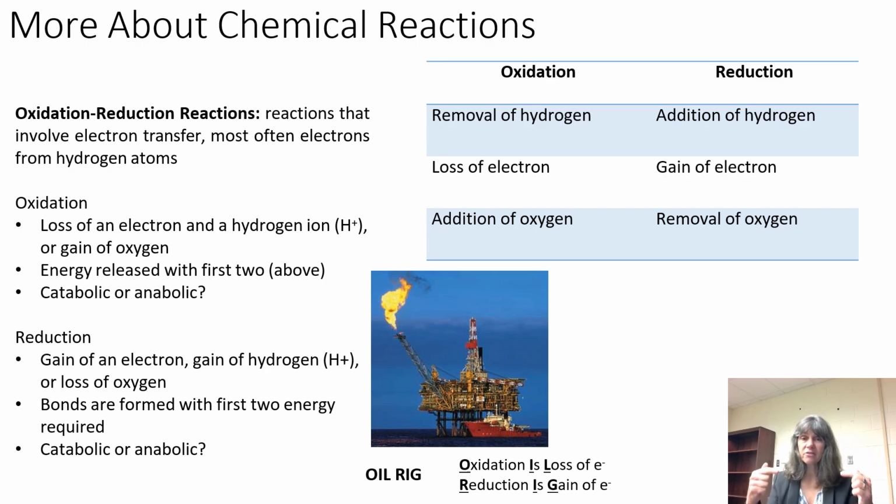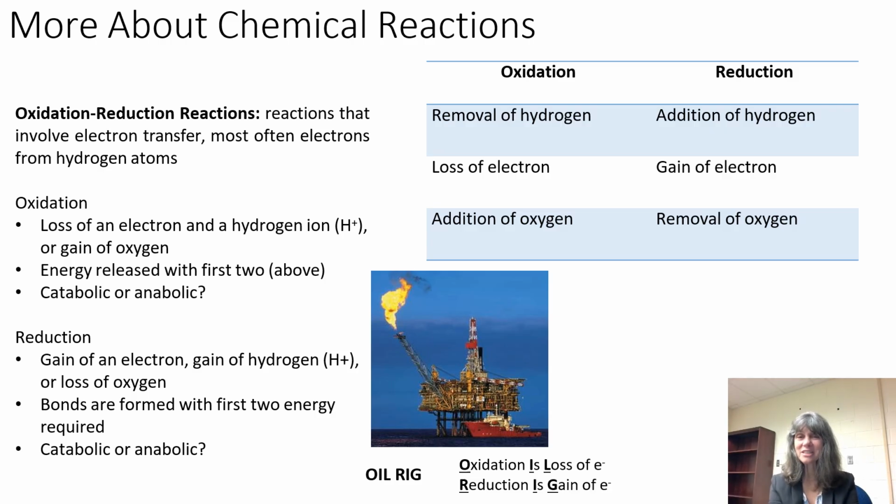So if we look at the first two types of processes that occur with oxidation, because we're looking at the removal of hydrogen or the loss of an electron, that means that bonds are being broken. So those would be catabolic in oxidation, the first two, whereas the addition of oxygen in oxidation would be anabolic, because now we're putting something together.